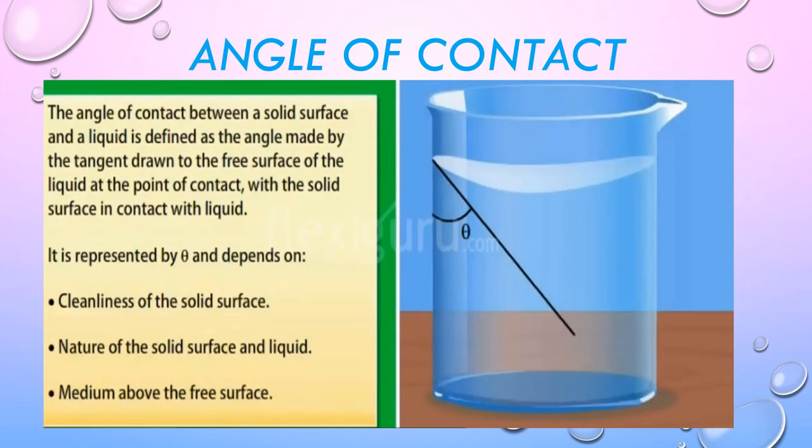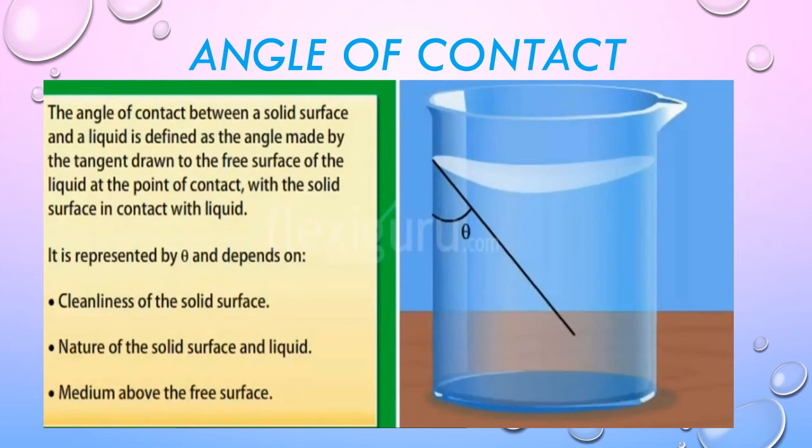Here, a concave meniscus is formed on the upper surface of the liquid. So, the tangent drawn to the free surface is inside the liquid. Now, the angle of contact at the point of contact between the liquid and the solid surface is the angle made by this tangent with the solid surface in contact with the liquid.